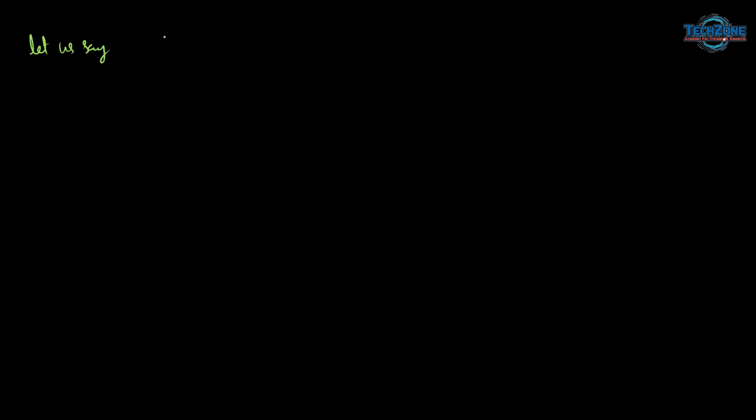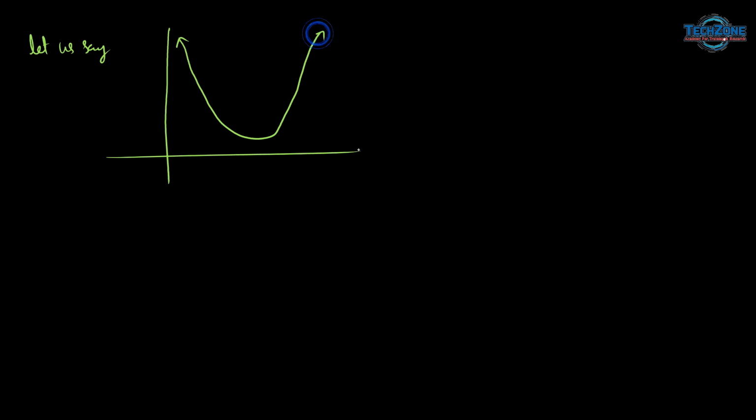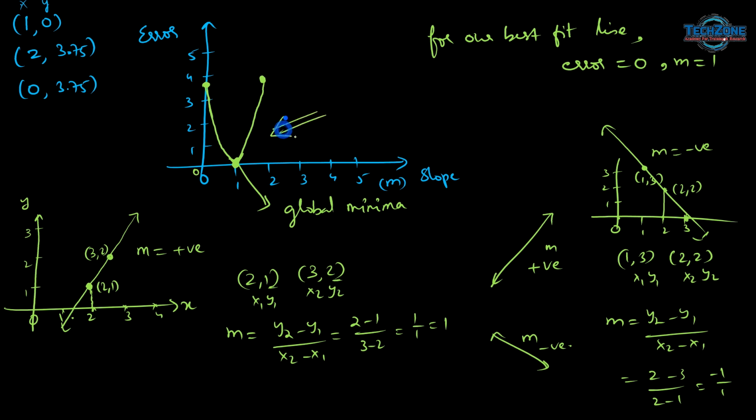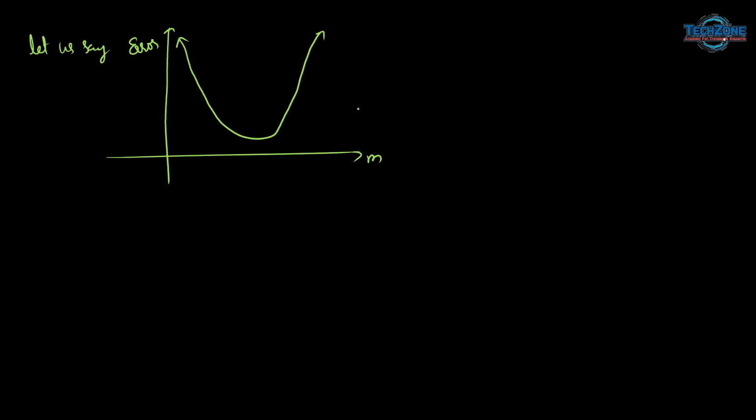Let us say we have a curve like this, for m and for our error, this type of curve. Randomly, first we got a line like this. Let us say that the value of slope is m1, but ideally we should come to this point, this m.